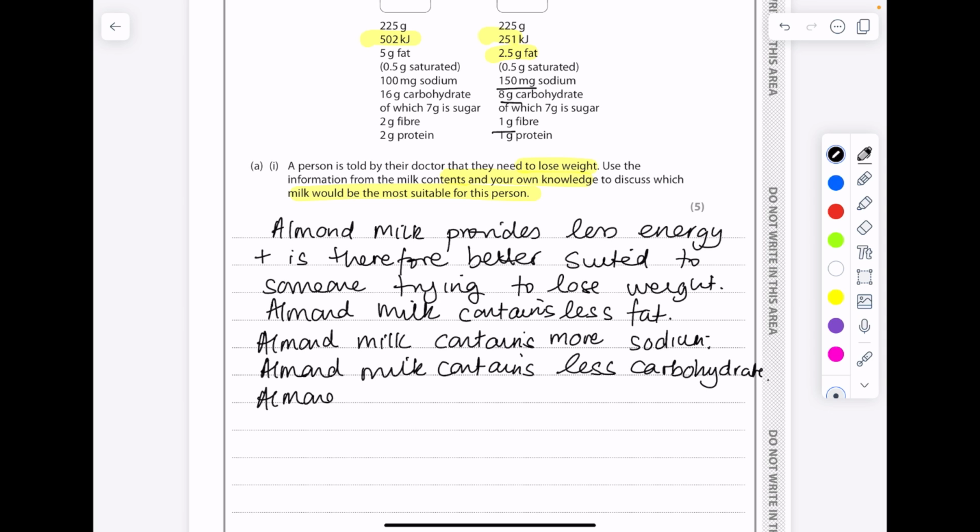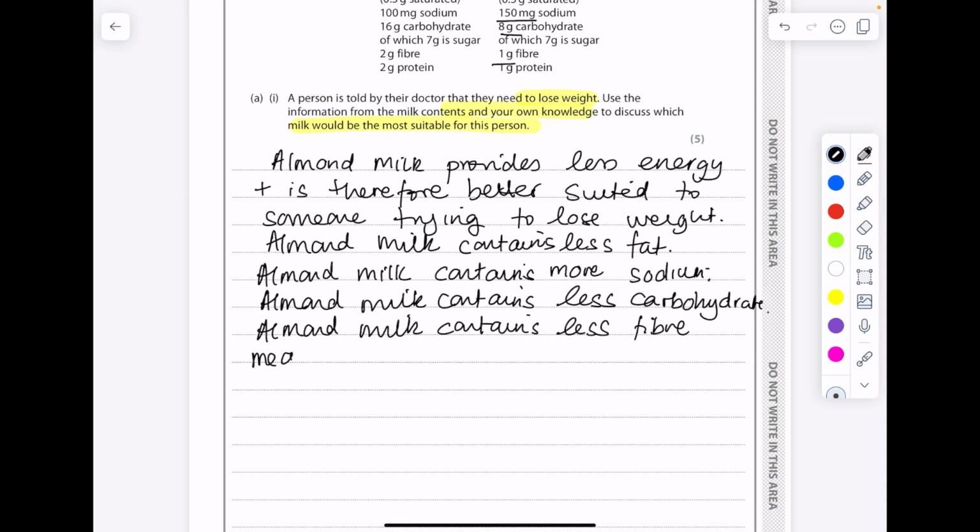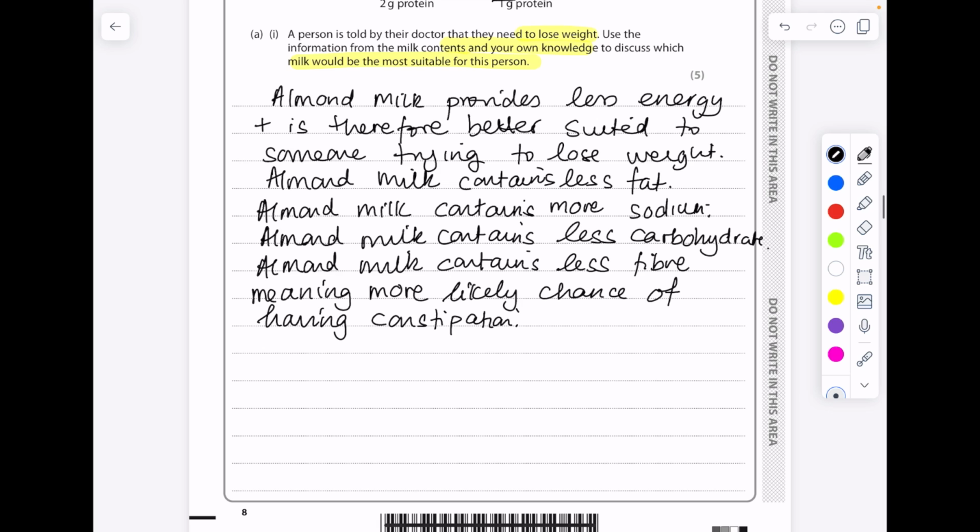Almond milk contains less fiber, so the person may suffer more from constipation. And then I'm finishing off by mentioning protein.